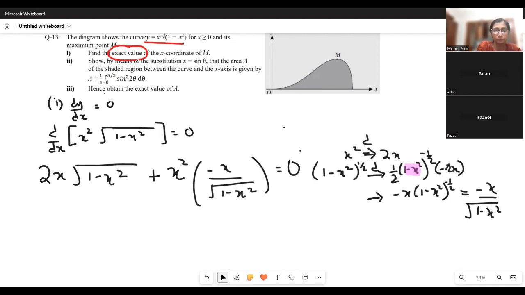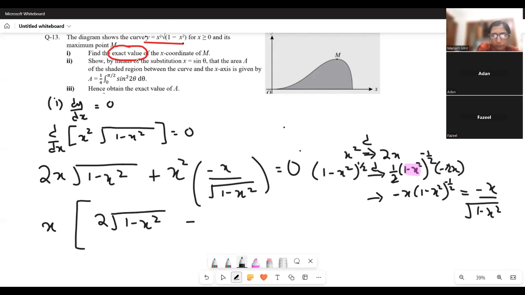X common आ गया. So we have 2 square root 1 minus x square, and here we have negative x square upon 1 minus x square equals 0.